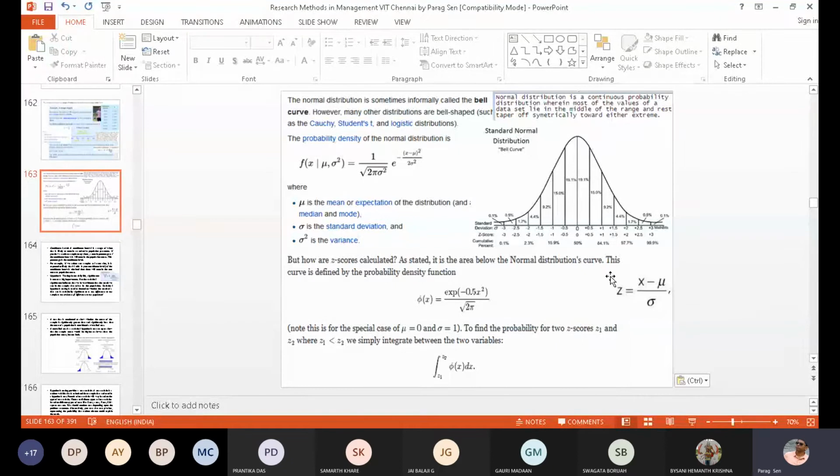That means mu will be 0, and sigma, the standard deviation, will be 1. So from minus 1.96 to plus 1.96, if you integrate this function over this range, you will get the value of 0.95.